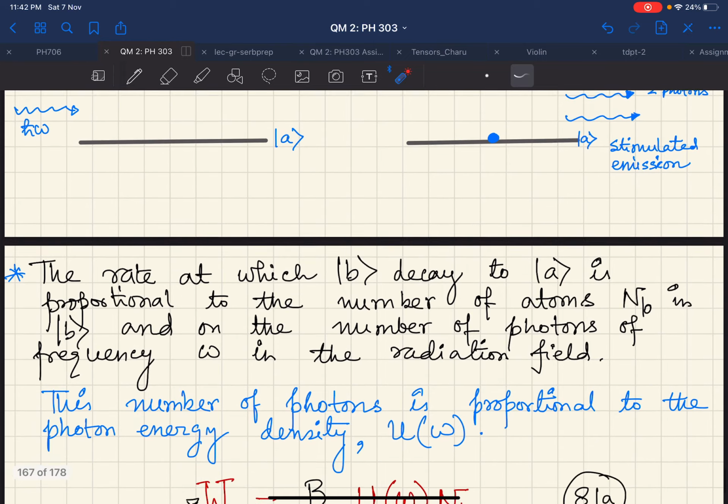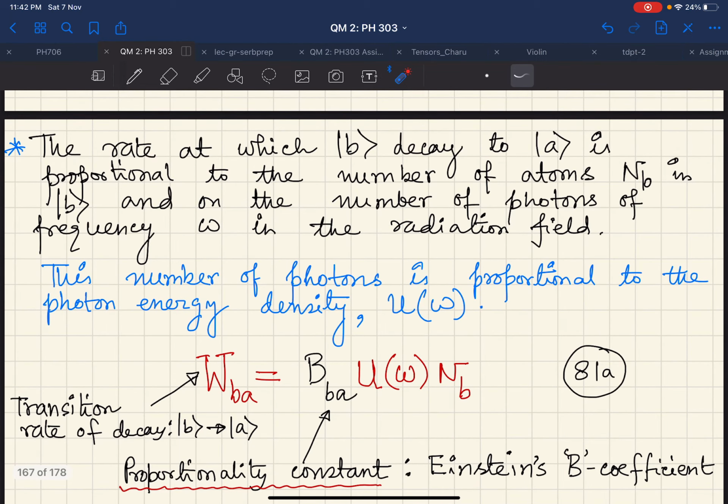Now I would like to comment something about the rate of transition. As you can see, the rate at which this higher excited state B decays into the lower excited state A, by our normal argument, should be proportional to the number of atoms that are in state B. And also it should depend on the number of photons of frequency omega in the radiation field with which the atoms are getting involved.